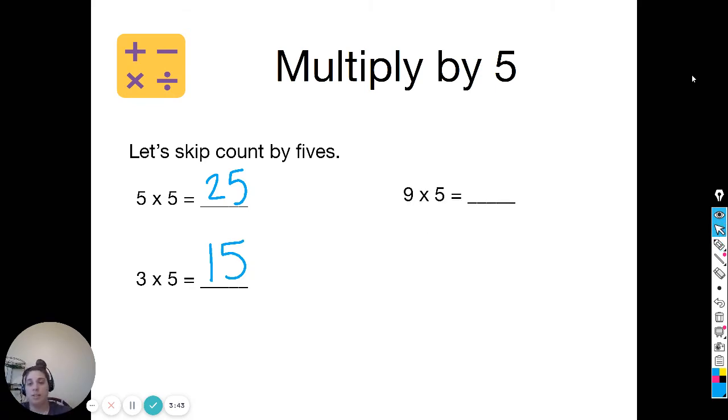This next one I'd like you to solve on your whiteboard. 9 times 5. So you skip count by fives 9 times. Go ahead and message me your answer in GoGuardian when you have it.